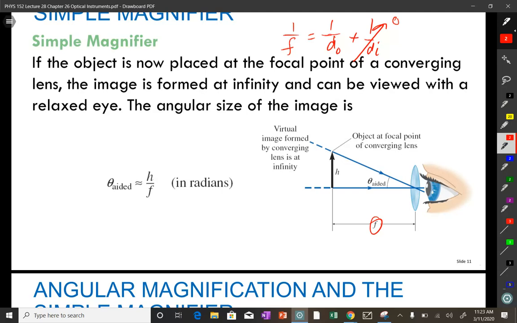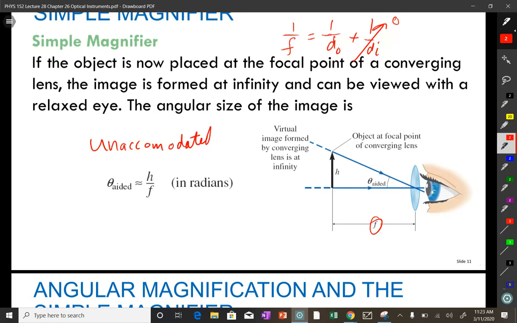So for unaccommodated viewing, the aided angle, we're going to have the same height of the object, but now it's a distance of a focal length away. Now you might say, wait a minute, it's the angle the image makes, not the angle the object makes.